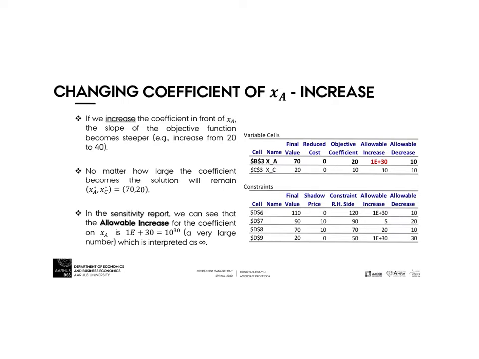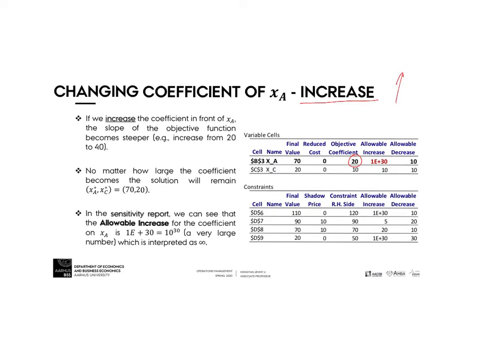In this slide, we see if the coefficient of xa increases. The original coefficient for xa is 20. If we increase this value, the optimal solution may change or may not change. How can we conclude this?